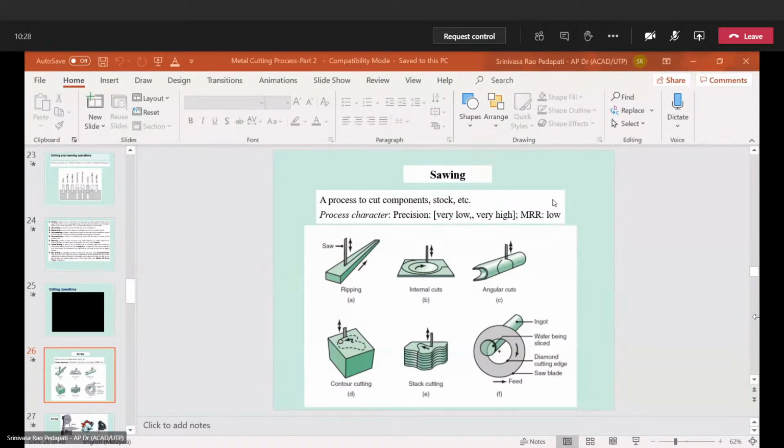We try to understand other kinds of machining operations that are performed by different machine tools. Like in the previous classes, we learned lathe, drilling machine, shaping machine, planing machine, reamer, something like that. There are certain operations which require different machine tools. We see those machine tools today.